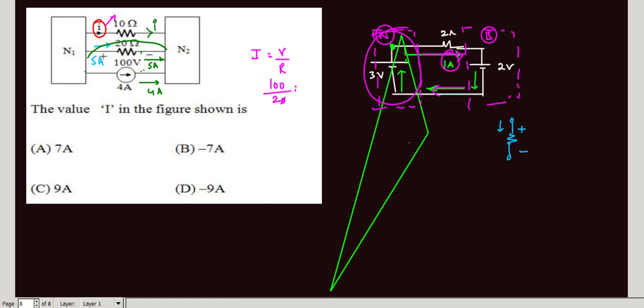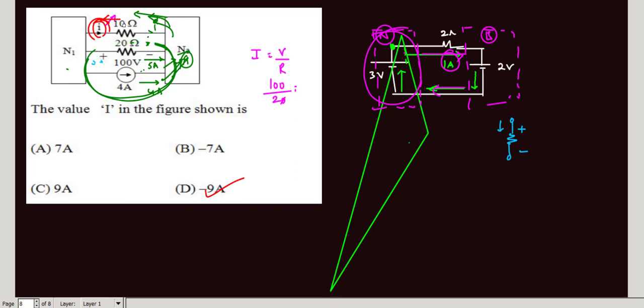If I bunch this, a total of 9 amperes is flowing. If 9 amperes is entering, it means 9 amperes should leave. If from circuit 1 to circuit 2 a total of 9 amperes is entering, then 9 amperes is leaving. But the direction of the current should be 9 amperes in this direction, while the direction of the current given is in this direction.